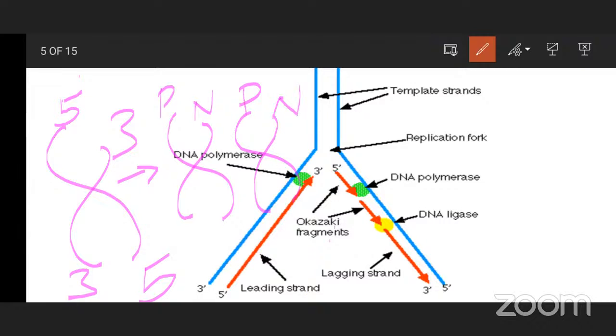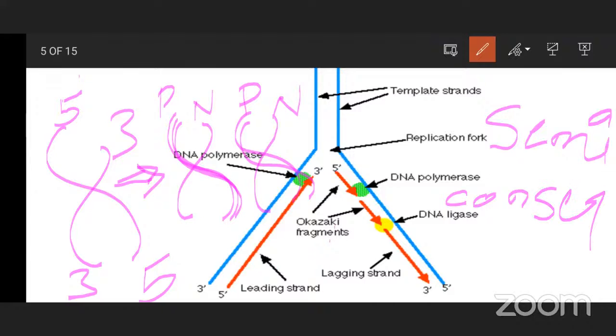At every generation, each daughter DNA molecule consists of one parental strand compulsorily, which means the parental strand is transferred from one generation to another generation. The genetic information present in the parental strand is preserved for other generations, and this mode of DNA replication is called the semi-conservative method.